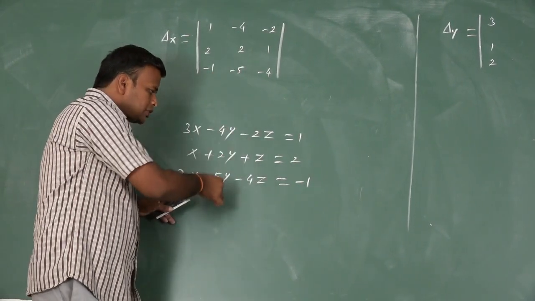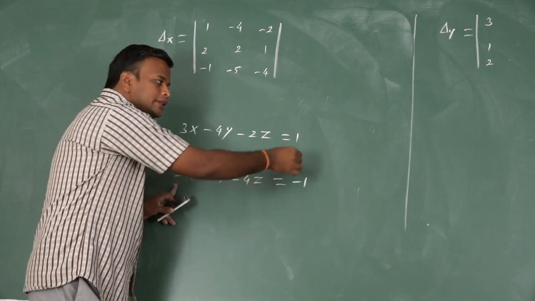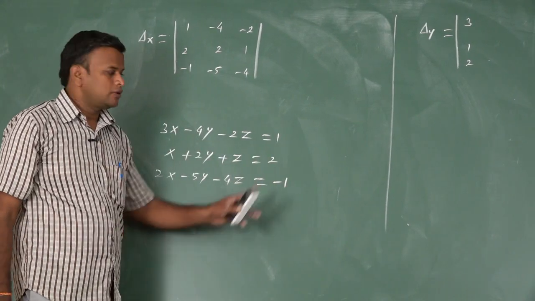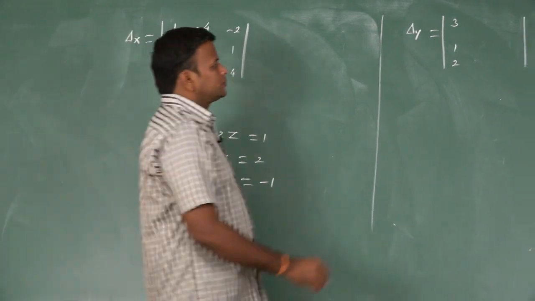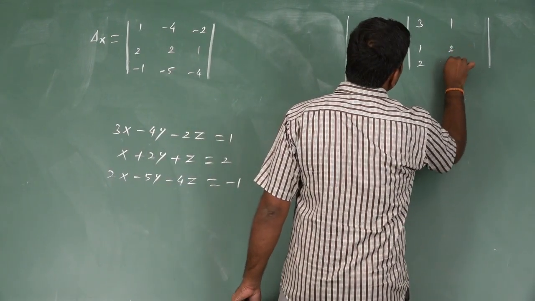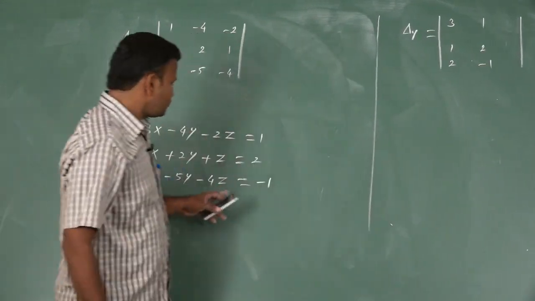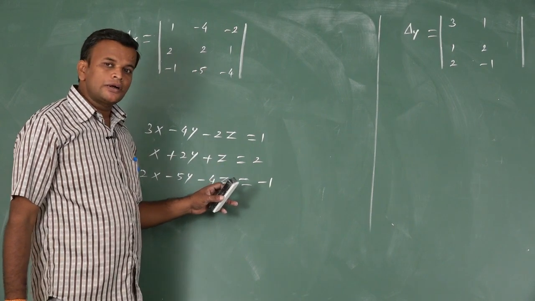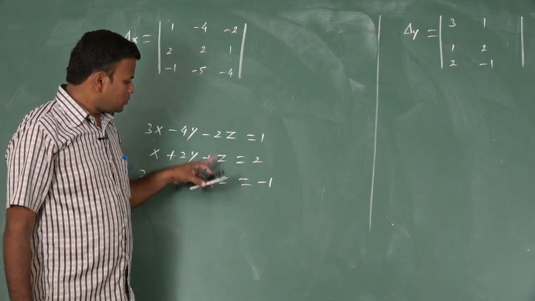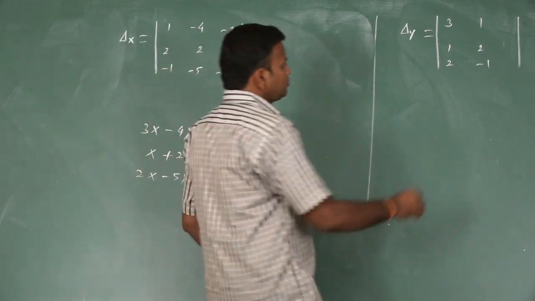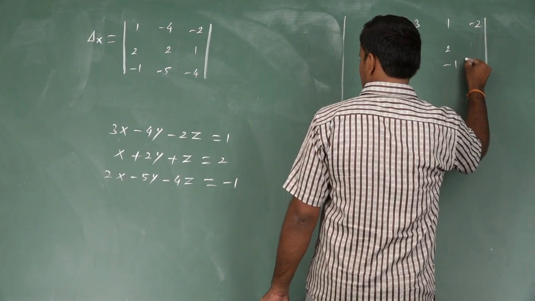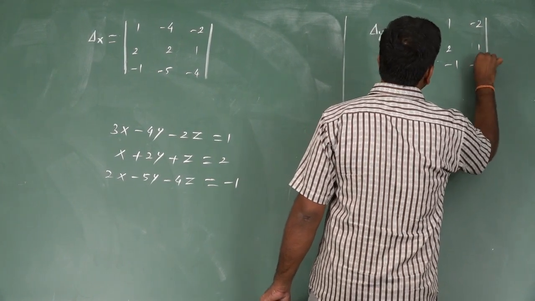I remove the coefficient of y column and we enter the RHS value, 1, 2, minus 1. And I write the coefficient of z column as it is: minus 2, plus 1, minus 4.